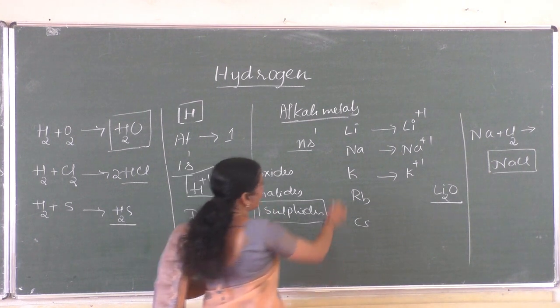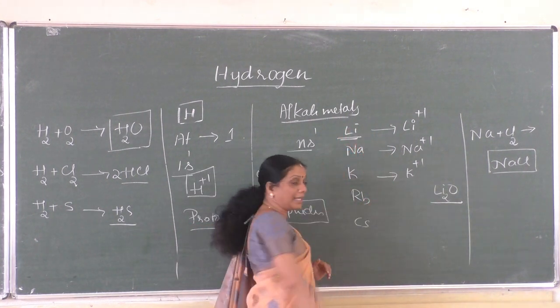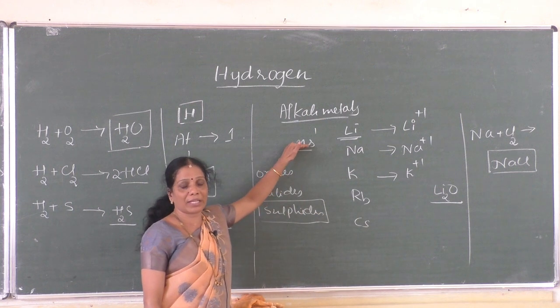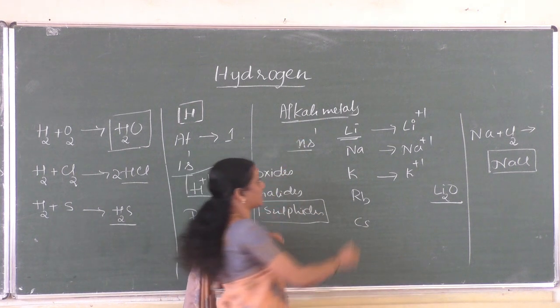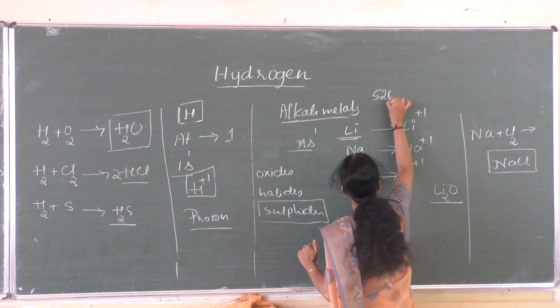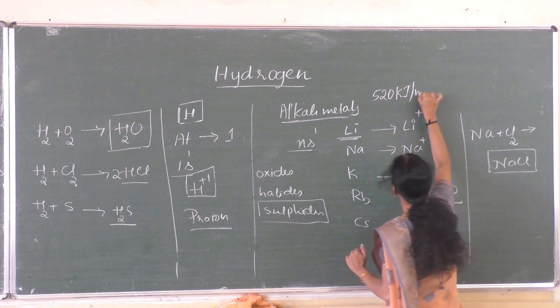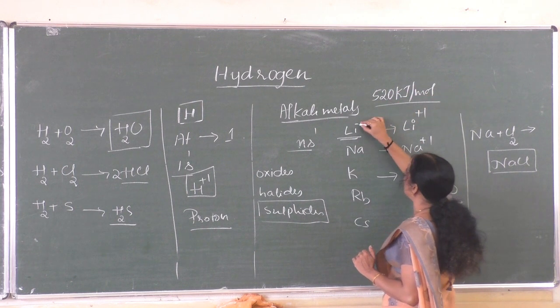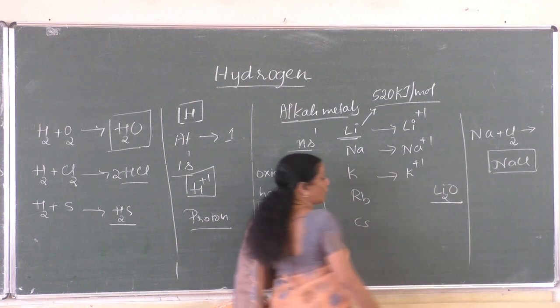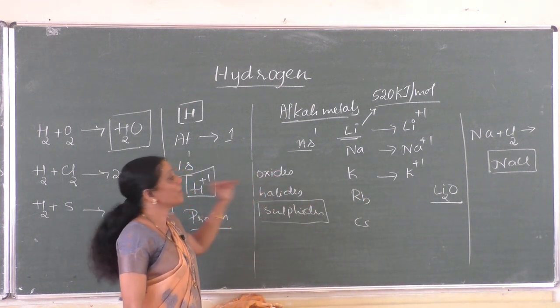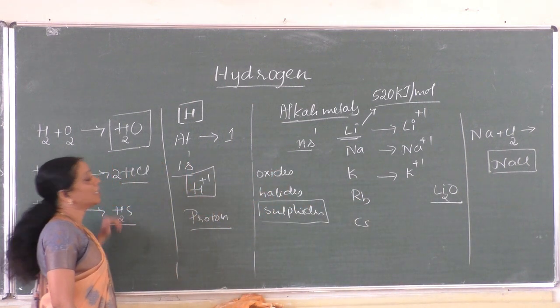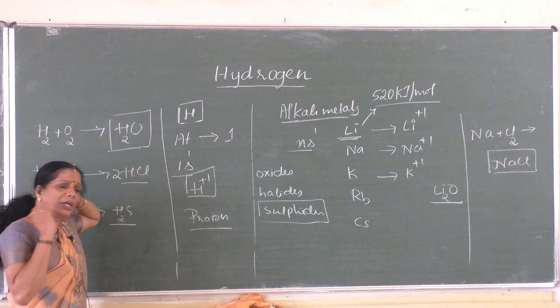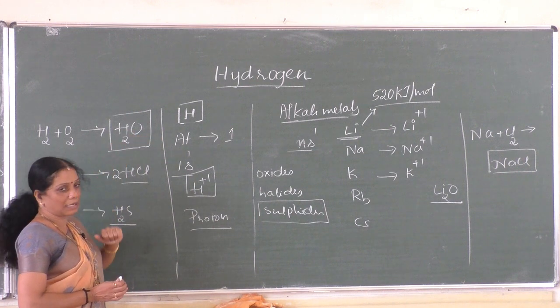For example, if I consider the first alkali metal, lithium, the ionization enthalpy of lithium is about 520 kilojoules per mole. Whereas the ionization enthalpy of hydrogen is very, very high compared to the alkali metal.